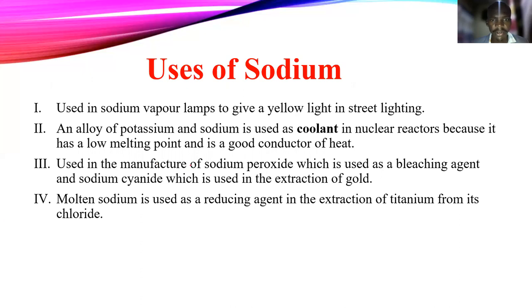Sodium is used in the manufacture of sodium peroxide, which is used as a bleaching agent, and sodium cyanide, which is used in the extraction of gold. Molten sodium is also used as a reducing agent in the extraction of titanium from its chloride.